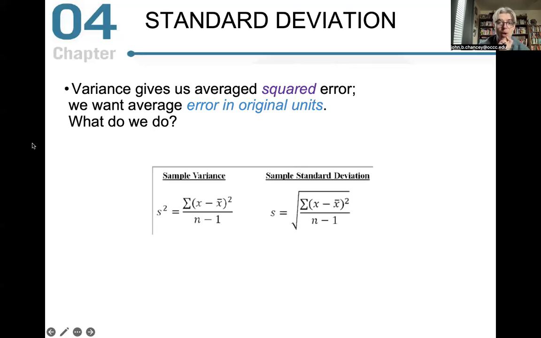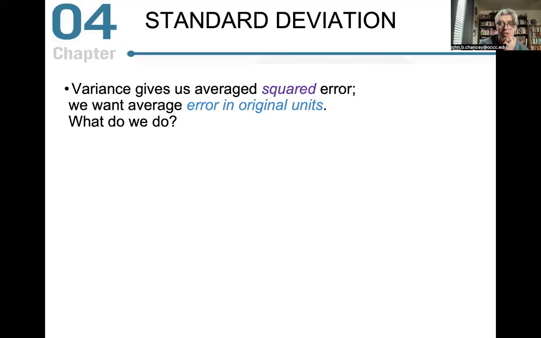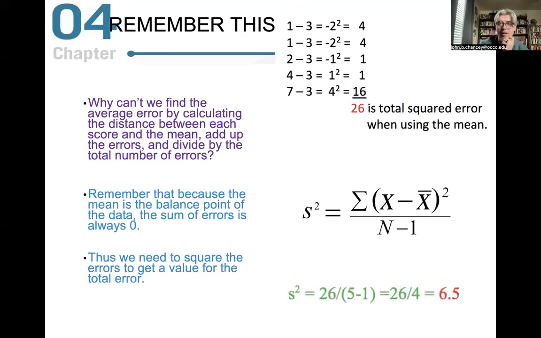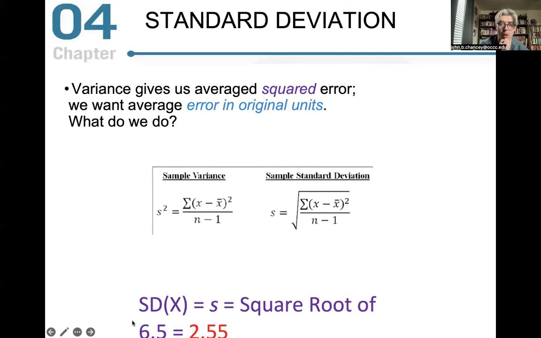It's that same equation, but we throw the square root symbol over the whole thing. We found our variance of 6.5, so all you have to do is plug that in. The square root of 6.5 gives you 2.55. So now we have it in our original units: the spread is on average 2.55 units distance from the mean.